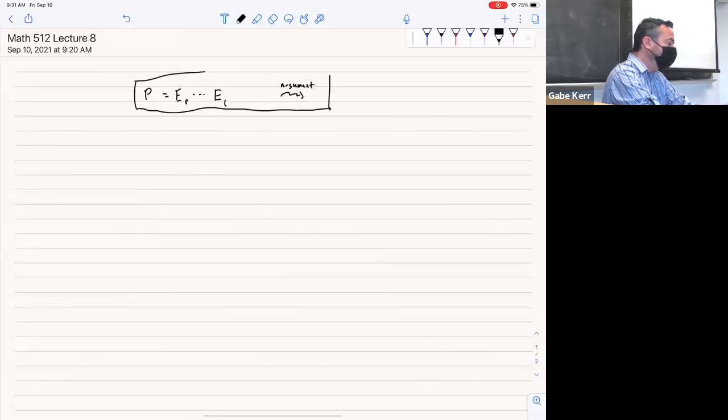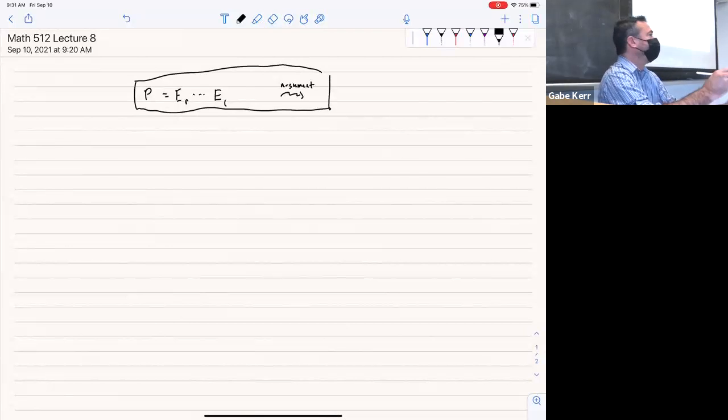Another comment: with permutations, about half the class really, still may be doing the wrong order. If I take the product of these two permutations, the way I want to take the product is you imagine these as two functions. Each transposition is a function.